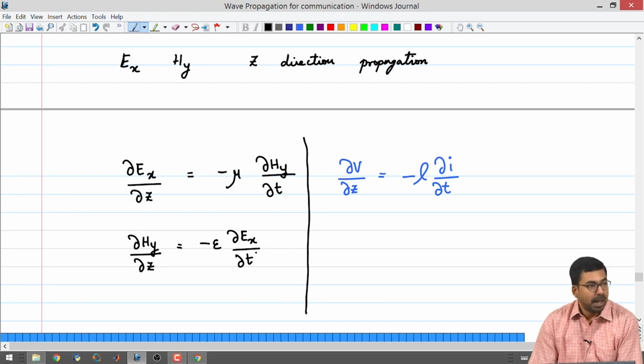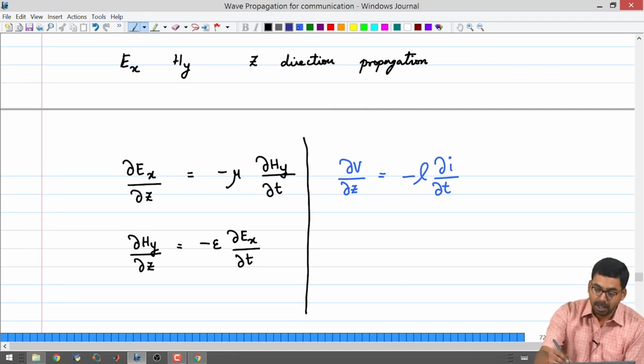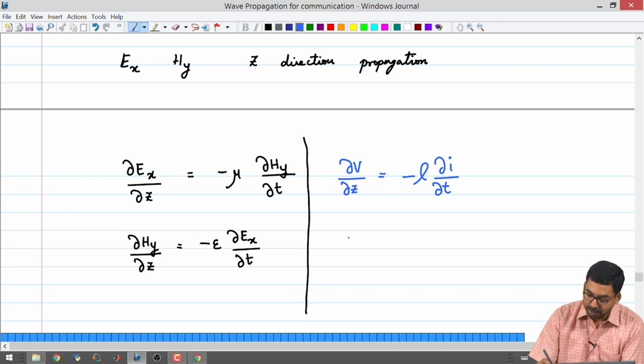Okay. I will end up with ∂Hy/∂z is minus epsilon ∂Ex/∂t. The equivalent equation that you saw in transmission line will be ∂I/∂z is equal to minus C ∂V/∂t.